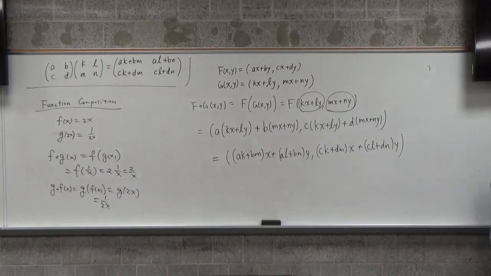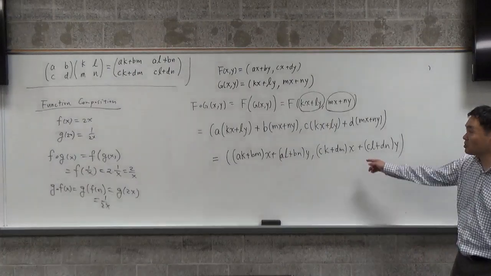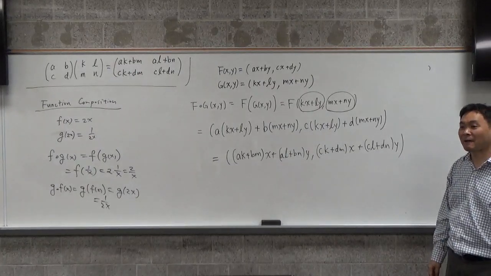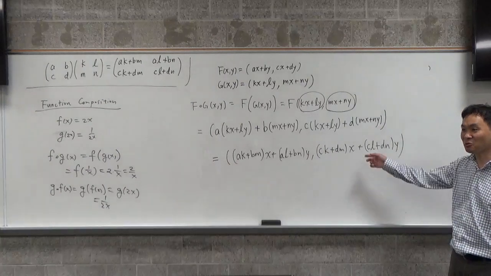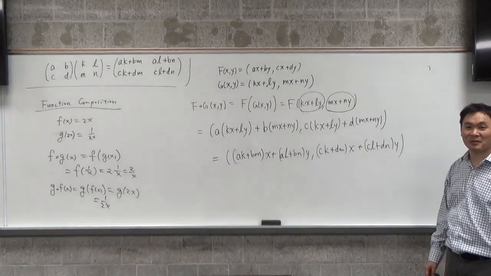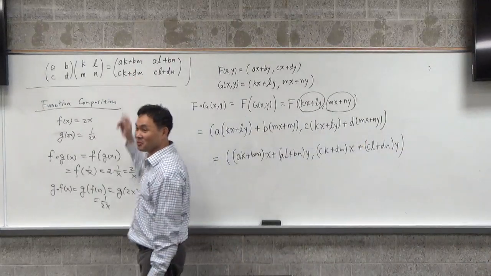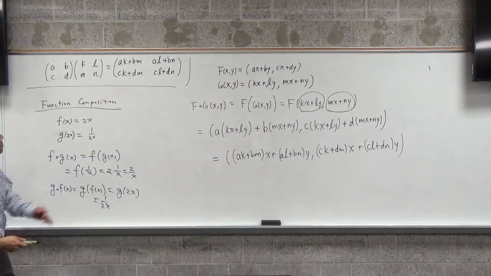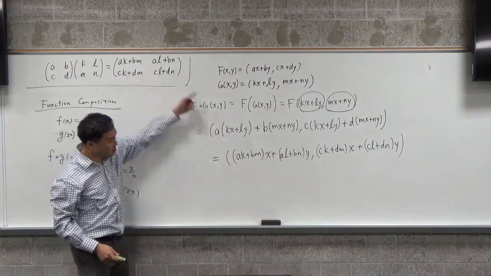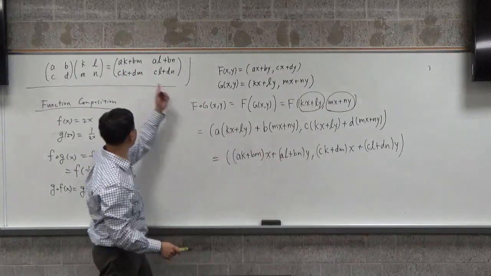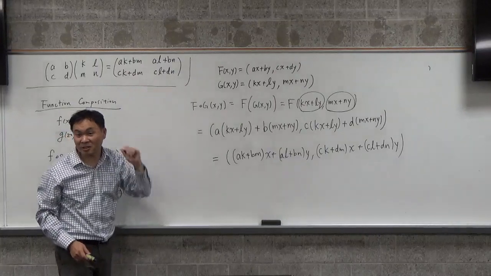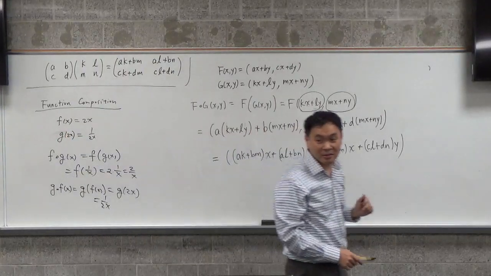How's that? What do you see? What do you see from here? This result should tell you something. What do you see? Is that the matrix multiplication? It's really the matrix multiplication. Right? It's exactly the same. ak plus bm, al plus bn. It's exactly that. All right?